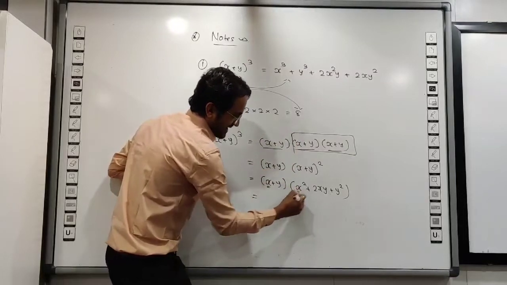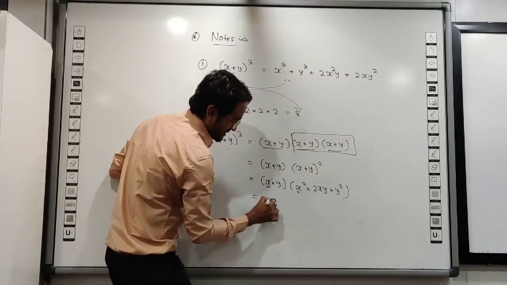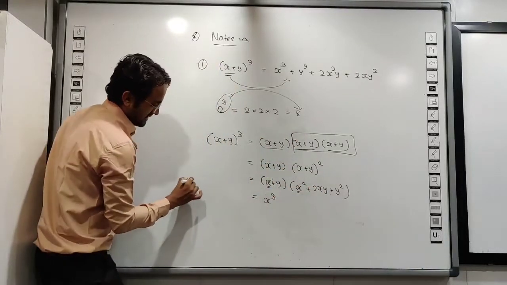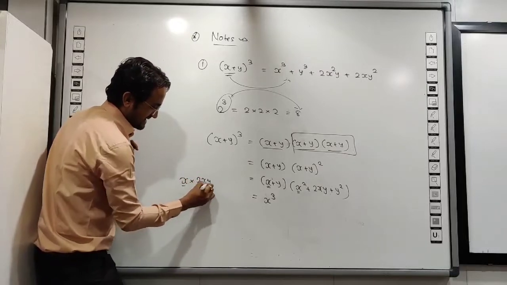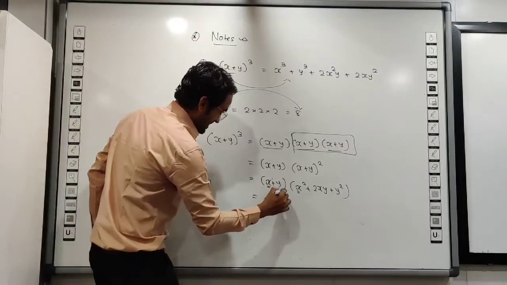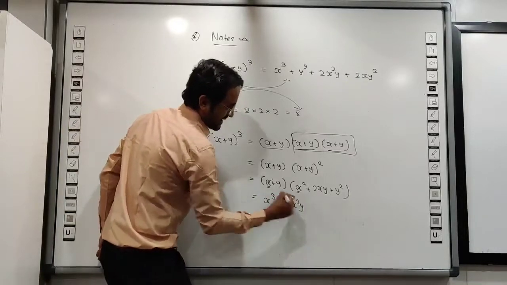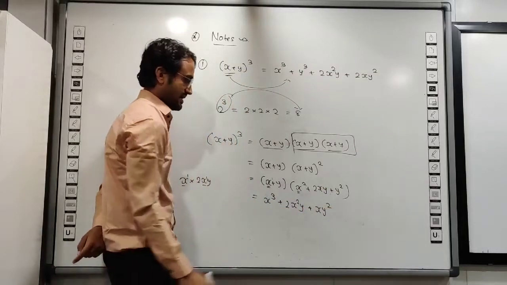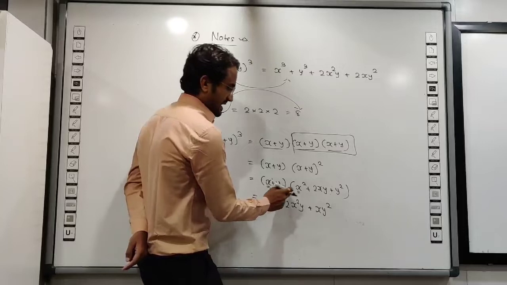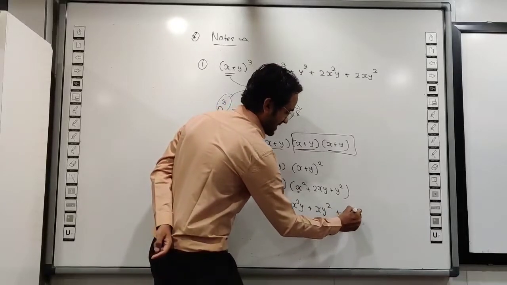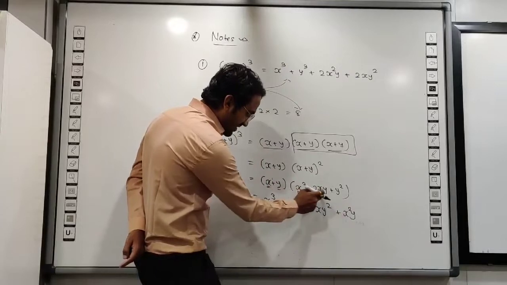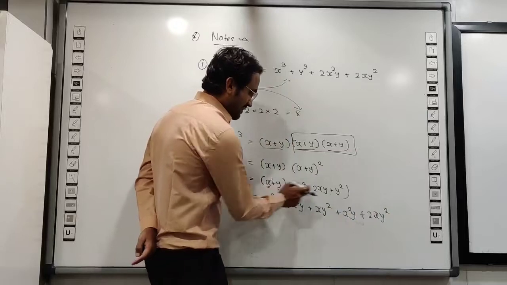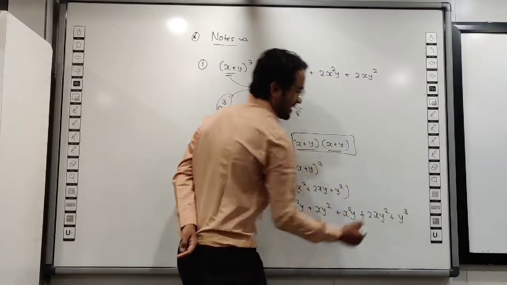First of all, x into x square: here 1 plus 2, this will be x cube. x into 2xy: x into x, 1 plus 1 becomes 2, so 2x square y. x into y square gives xy square. Now y into x square gives x square y. y into 2xy gives 2xy square. y into y square becomes y cube.